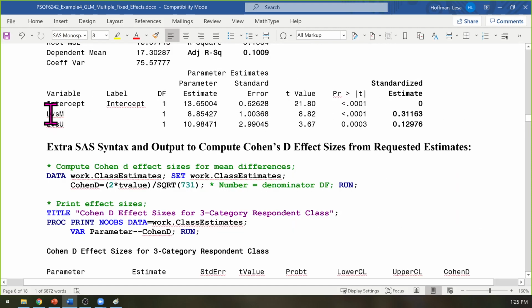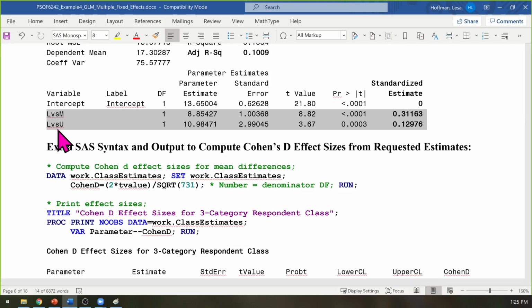So these are the two slopes that we asked for that pertain to these new predictors that we created via dummy coding. The way that we created these predictors is that the low group has a 0 in each of the new predictors. That sets it as the reference. So then the slope talks about what happens to the one group relative to the 0 group.